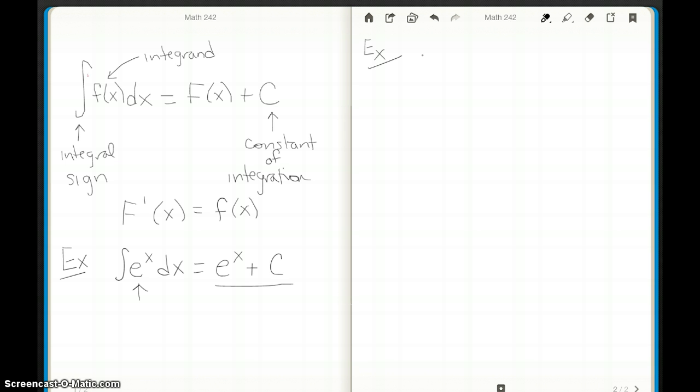Let's see. Maybe we should try something like this. This one you may remember. We haven't done this one before, but let's see. So I'm asking for the antiderivative of 1 over x. So I'm asking for the function whose derivative is 1 over x. Well, if we think a little bit carefully, we might remember that there's something about a logarithm, right? So if you remember, the derivative of ln x, maybe we'll do a little recall down here.